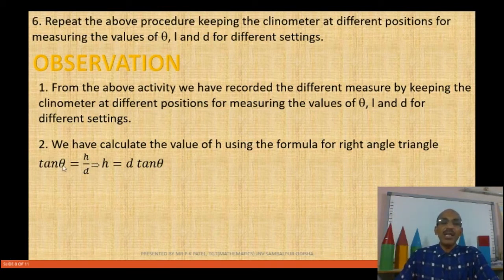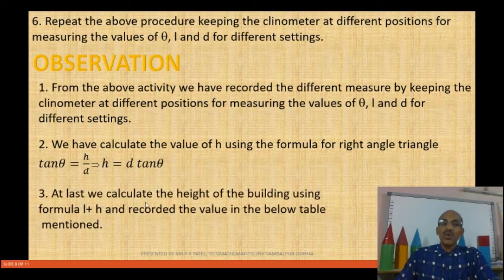In that figure, the opposite side is h and d is the adjacent side. So on simplification, we get h equals d tan theta. At last, we calculate the height of the building using the formula L plus h.